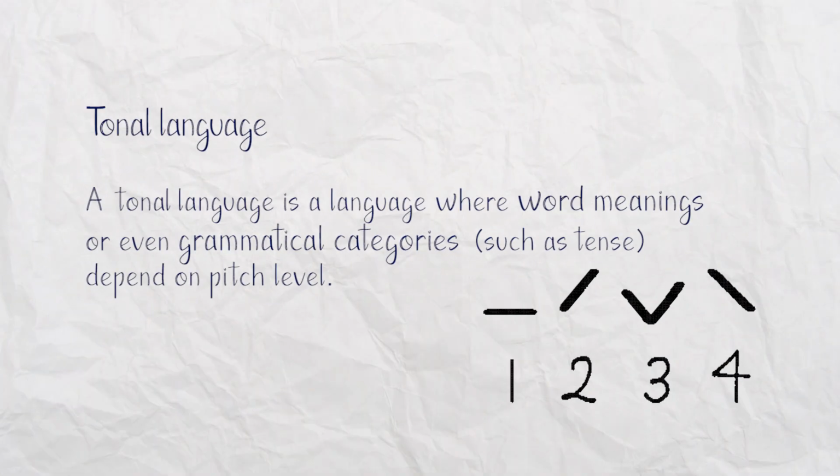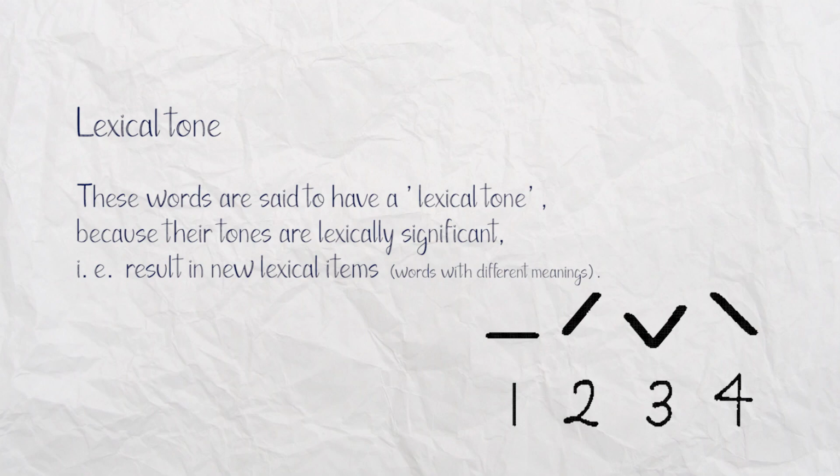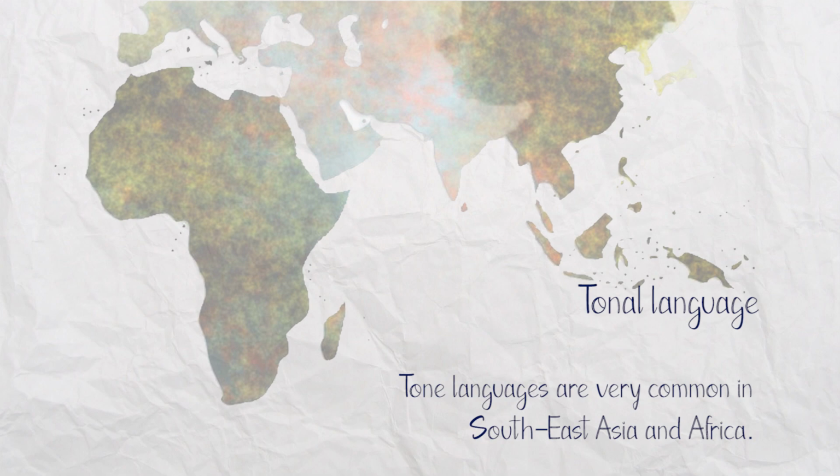You need to know that a tone language is a language where word meanings or even grammatical categories such as tense depend on pitch level or tone. Tone languages are very common in Southeast Asia and Africa.